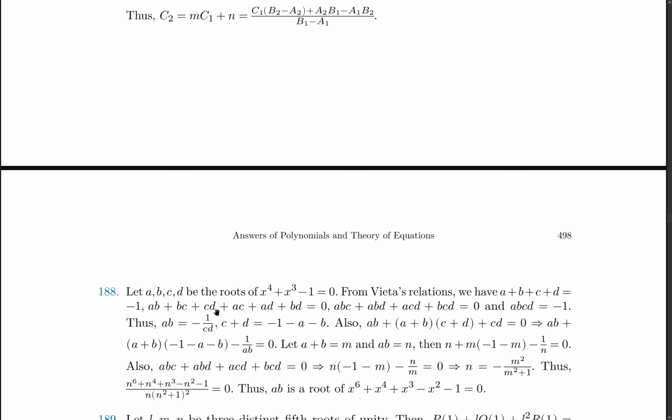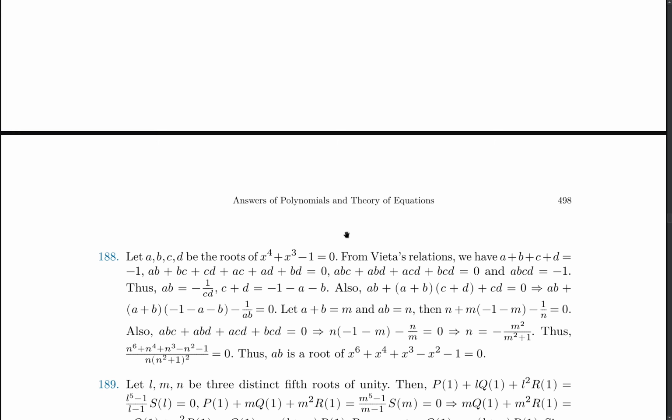AB plus BC plus CD plus AC plus AD plus BD will be equal to 0 because the coefficient of x square is 0. ABC plus ABD plus ACD plus BCD will also be 0 because the coefficient of x is 0. And ABCD would be minus 1. Now from this last relationship, you can say that AB is equal to minus 1 by CD.